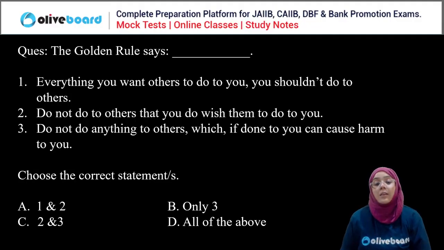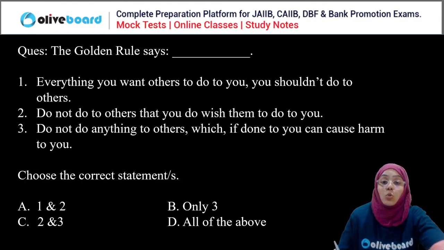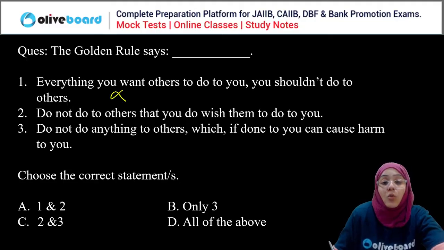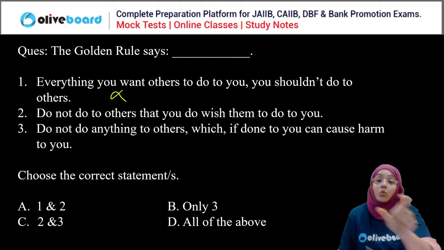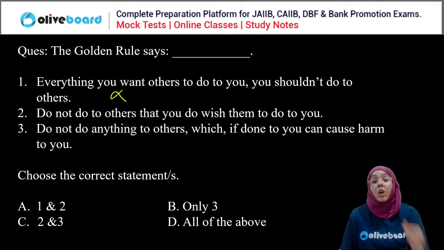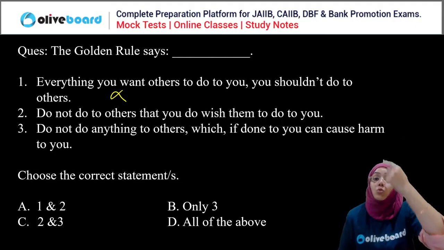Okay. First, everything you want others to do to you, you should do to others, right? So saying you shouldn't do to others is wrong. Do not do to others what you do wish them to do to you, that is wrong. Do not do to others what you do not wish them to do to you, right?